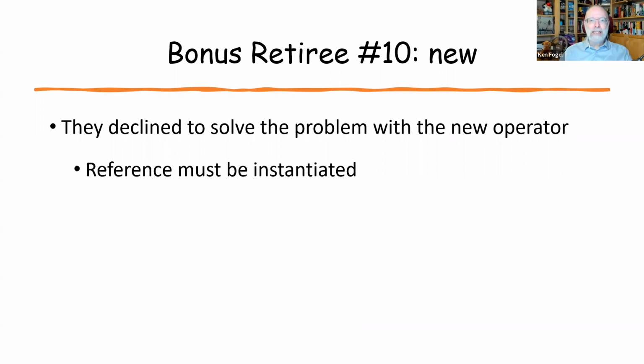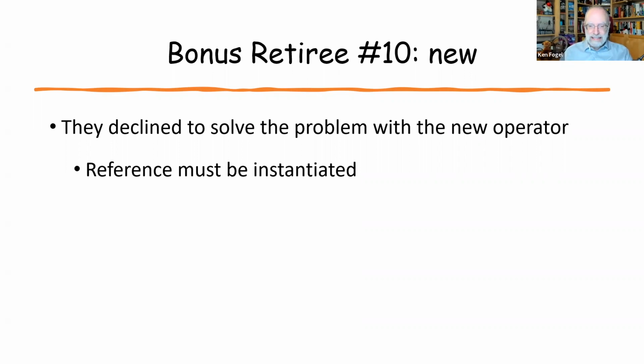A lot has been written of the evils of null, first of all. And then, of course, there's the issue of invalid references. Class or field references are all initialized to null, but local references are not. So suddenly, if you're checking the state of a reference, just asking if it's null or not is not enough to tell you if it's valid.